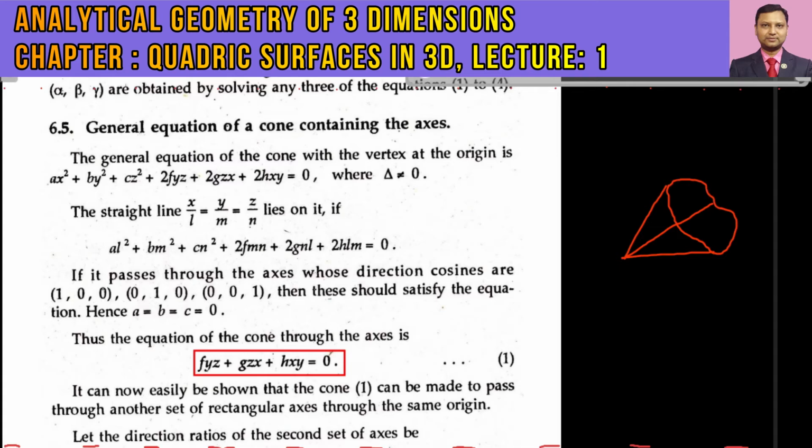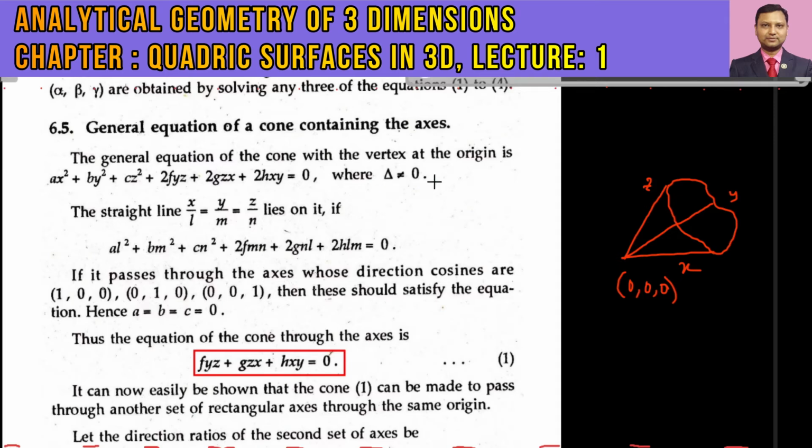Maybe this is the x-axis, this is the y-axis, and this is the z-axis. Of course, this cone would always pass through the origin 0, 0, 0. Therefore, this is a cone passing through the origin, and that's why it should be represented by a homogeneous second degree equation like this, with delta not equal to 0.